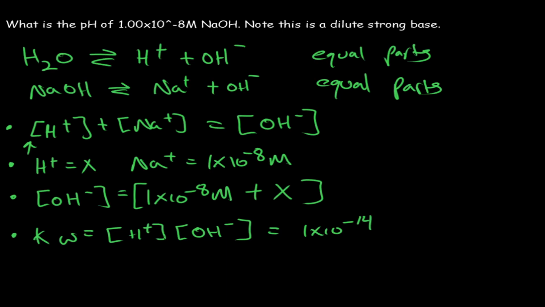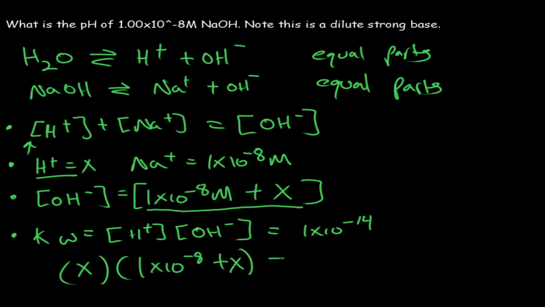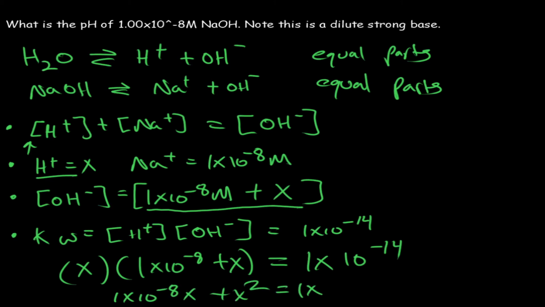Well, H+ is going to be X, and our OH− value is going to be 1 × 10⁻⁸ molar plus X. So we can write our equation as X times (1 × 10⁻⁸ plus X), and we set that equal to our Kw, which is 1 × 10⁻¹⁴. If we distribute X, we get 1 × 10⁻⁸x plus x² is equal to 1 × 10⁻¹⁴.